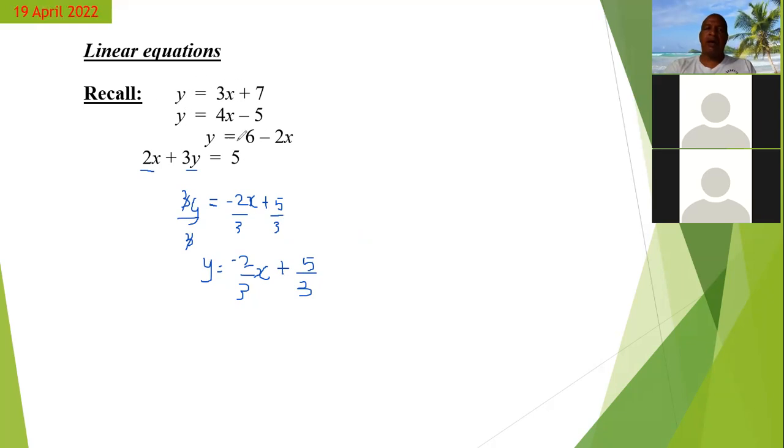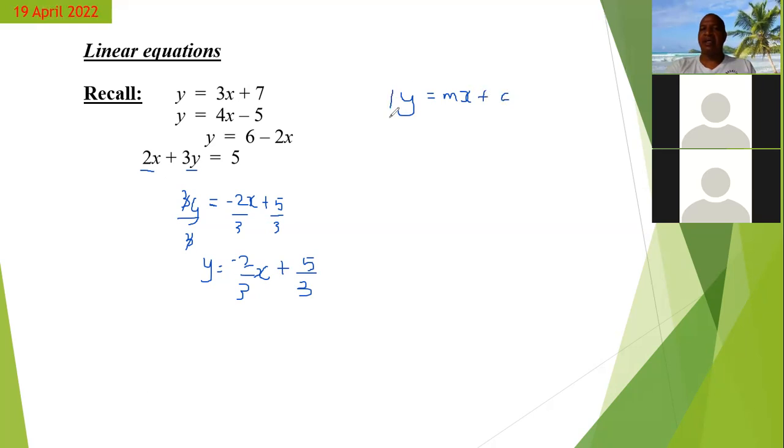All right, so all straight line equations have this general look. If we look at the general look, on the left we have a y. On the right we have some number times x. So let's call that number m. So we have some number times x, and we have a number that is generally added. So let's call that c.